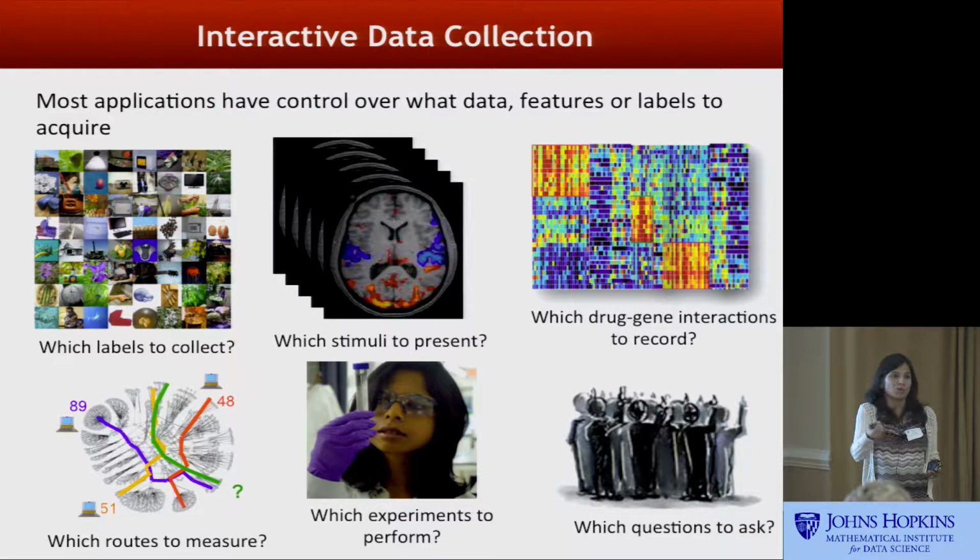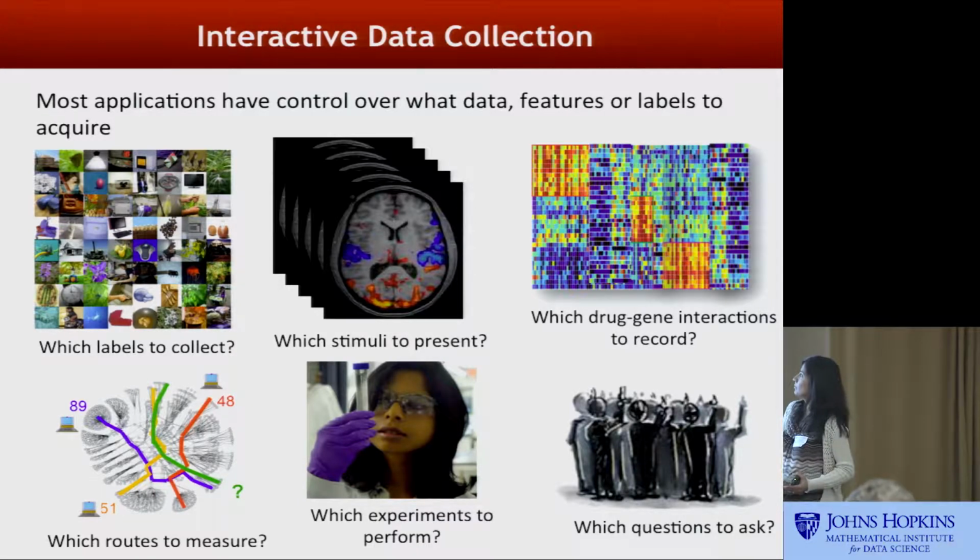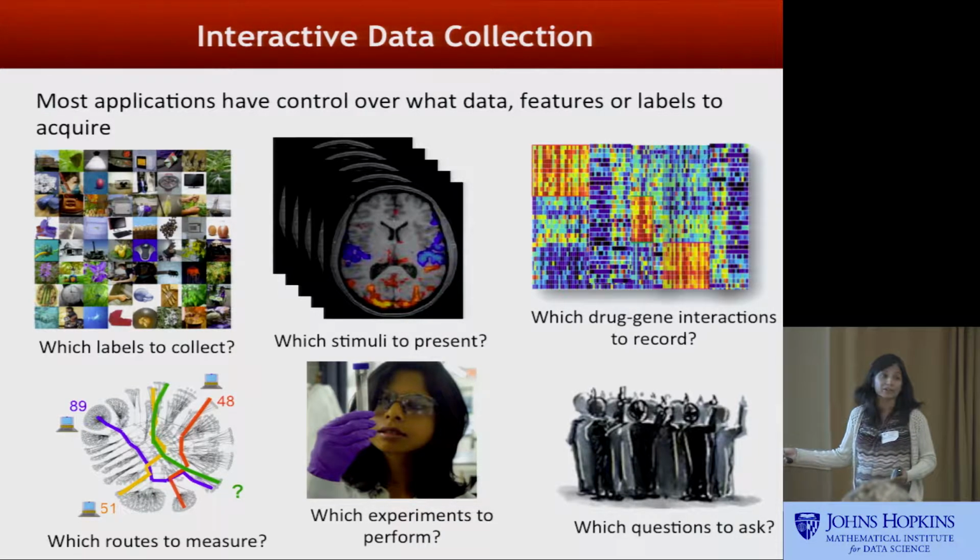If you are trying to understand the human visual system, then they have control over which images they'll show you while you're in the scanner. Can we choose these images in real time, based on feedback, to tell you the most about what's going on in the brain? Okay, so that's an interesting application where we clearly have control over what stimuli to present, and it's important to optimize what stimulus we show.